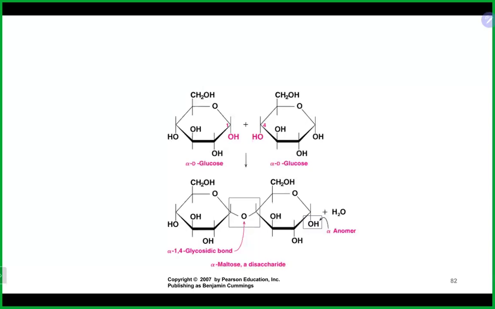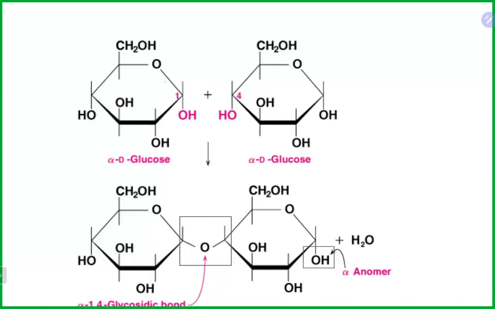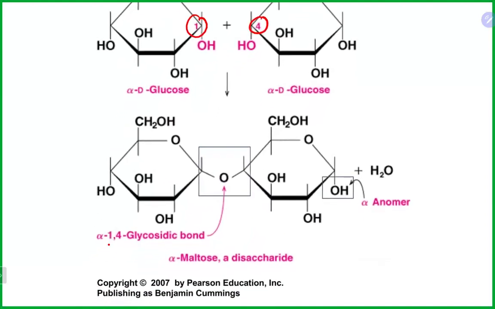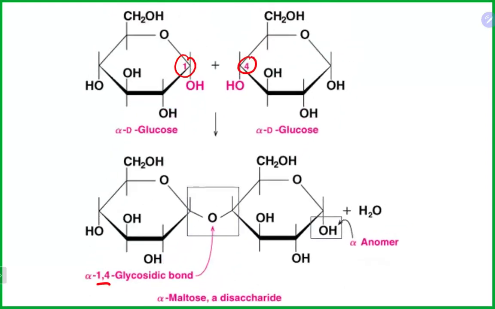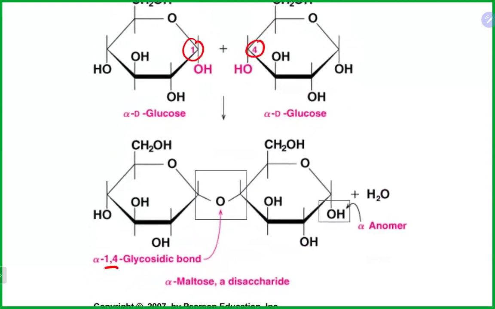So here are two D-glucose molecules. And basically what's going to happen is right here at carbon number 1 and carbon number 4, hence part of the name, the 1 and the 4 being what carbons are involved, they are going to come together. However you want to think about it, essentially you're going to take out water, and they're going to be joined by that oxygen.